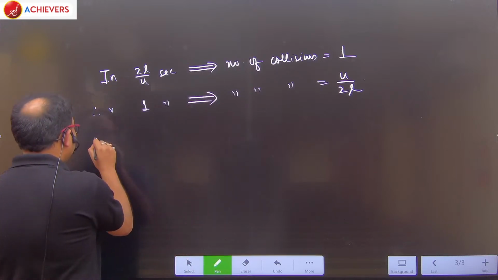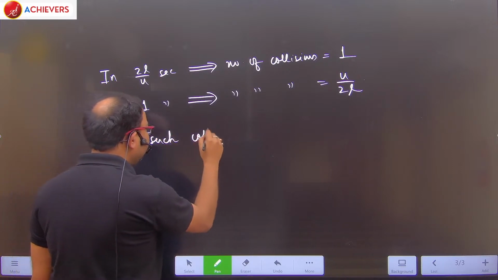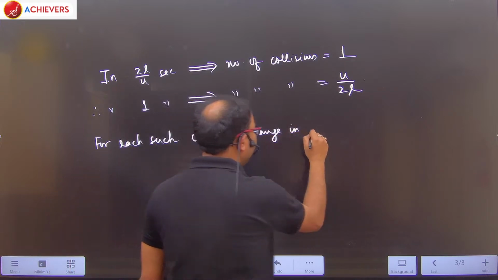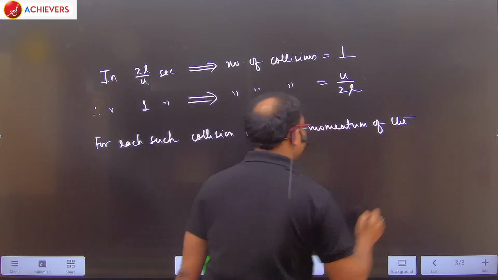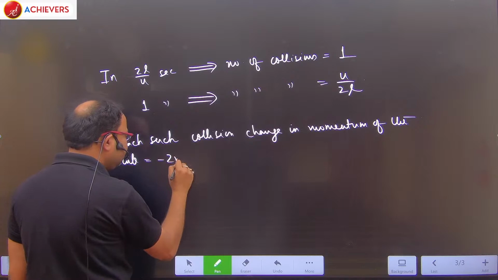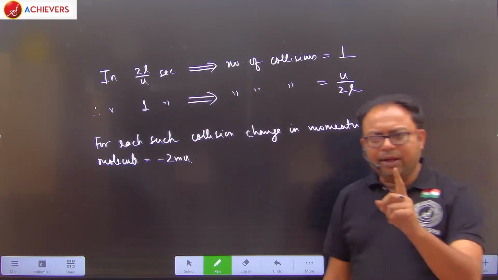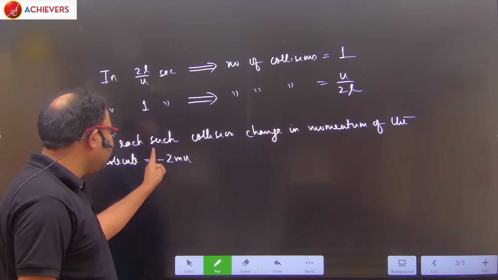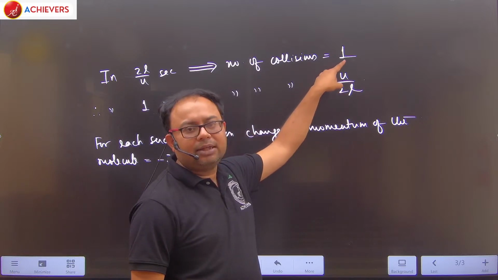And for each such collision, the change in momentum of the molecule is minus 2 mu. So for a single collision, the change in momentum is minus 2 mu, and you are making u by 2L collisions in 1 second.